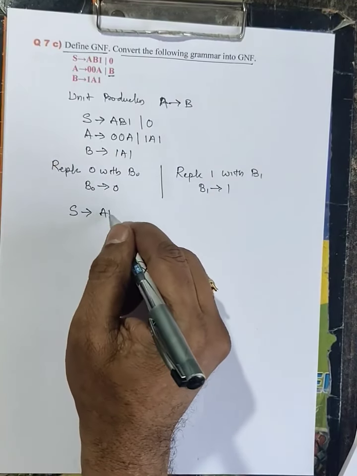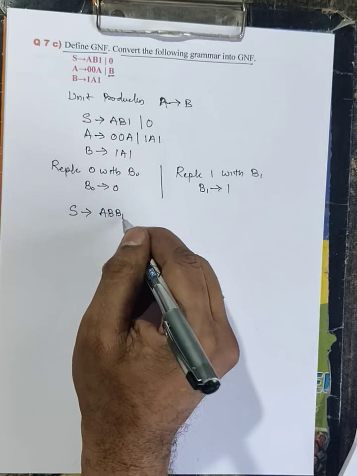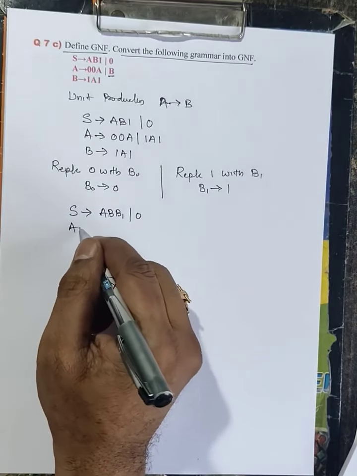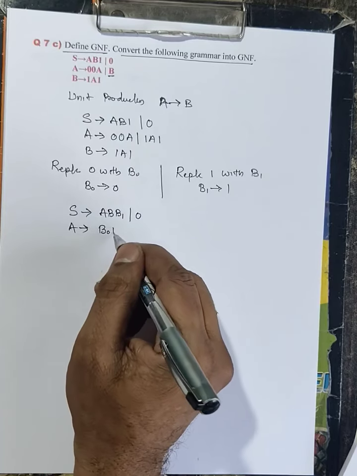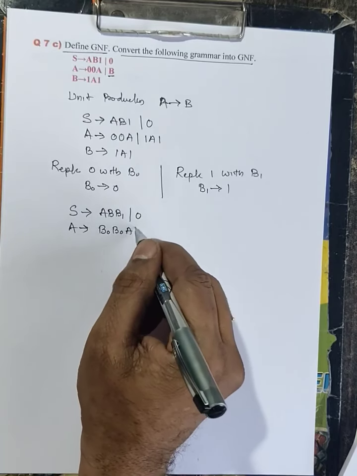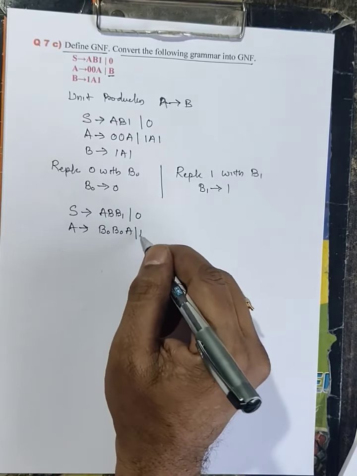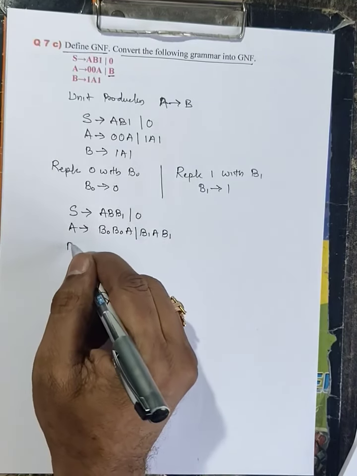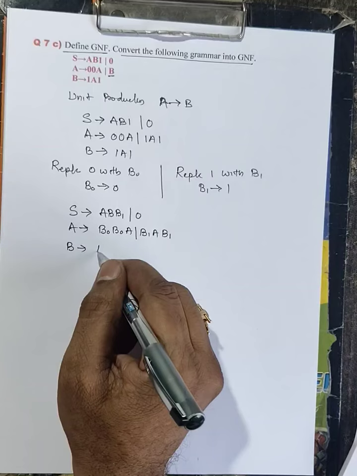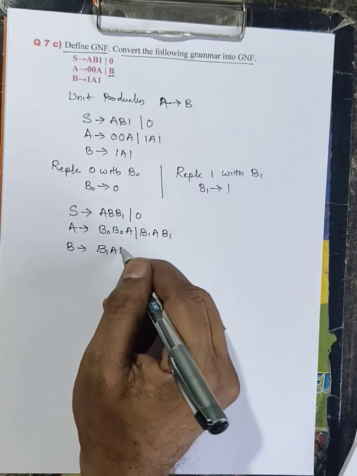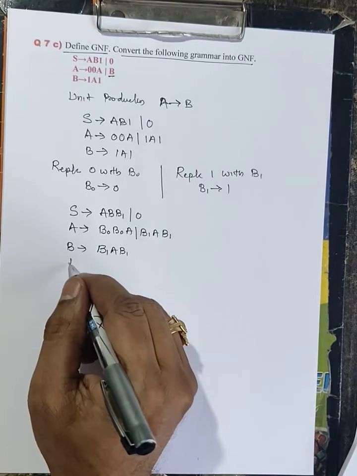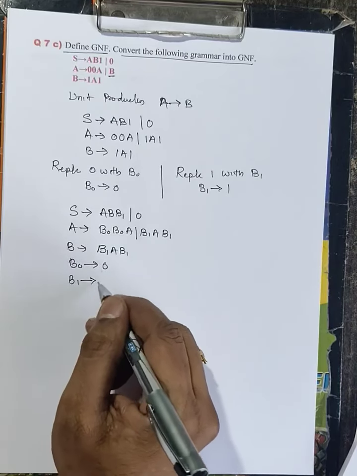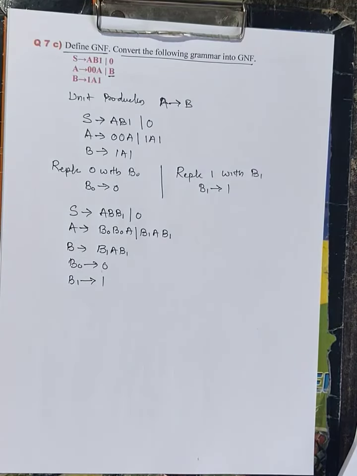S produces AB, B1, 0 as it is. A produces B0 B0, A B1, A B1, and B produces B1 A B1. B0 produces 0, B1 produces 1.